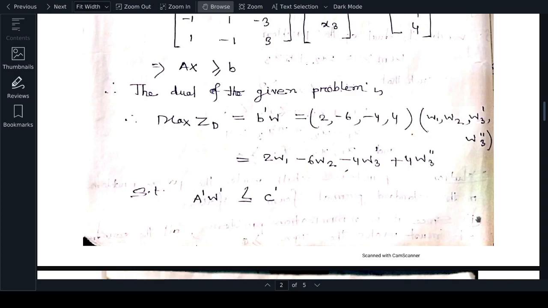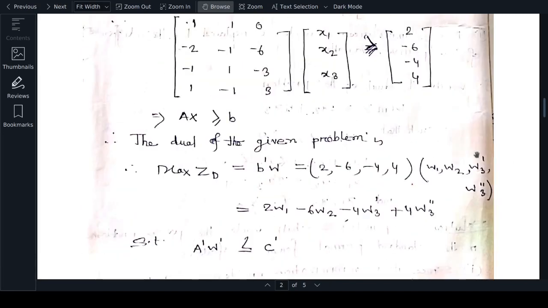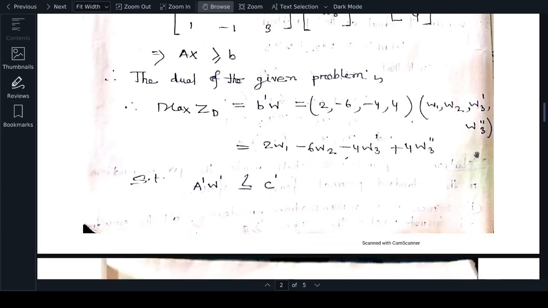So the primal objective function coefficients are 0, 2, 4, so we write less than or equal to, because the greater than or equal to symbol is present in the primal, so when we write it into the dual we reverse the sign. So this is less than or equal to 0, 2, 5.